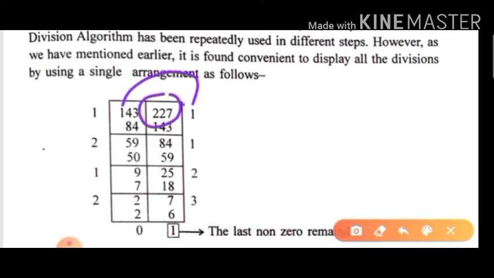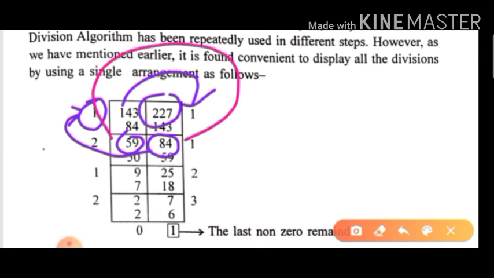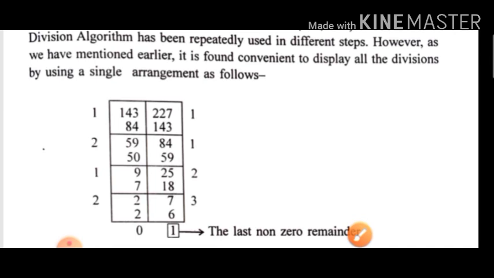For 143 we wrote 1 here, and when you got the remainder, we divide 143, so one time we can give, and we get another remainder. Again this 59 will divide this 84 one time, again another remainder, and again the remainder will divide this 59. Likewise, like this we have to continue.